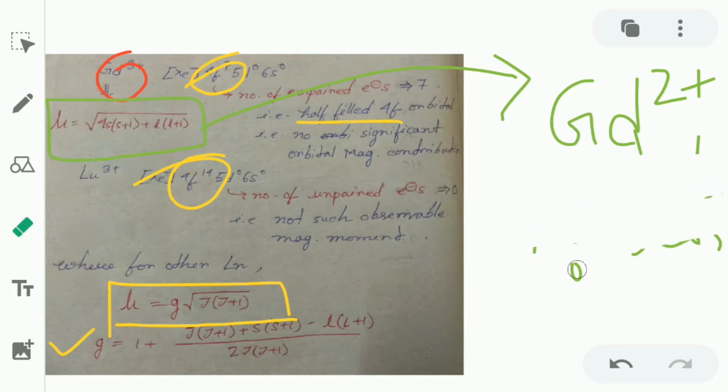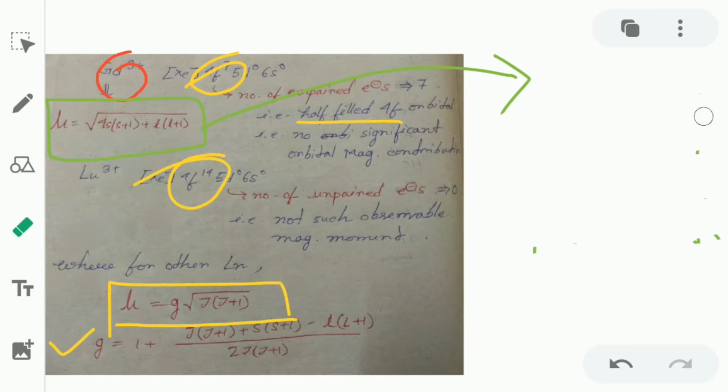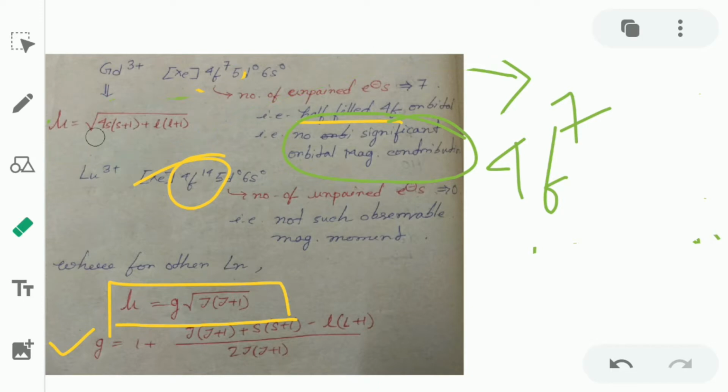But for gadolinium 3 plus, due to the electronic configuration 4f7, that is half filled, it has no significant orbital magnetic contribution.